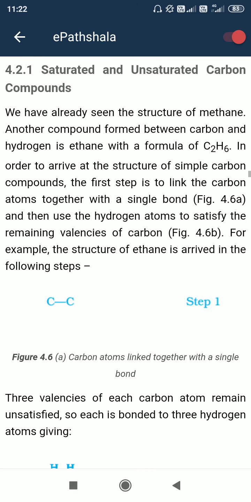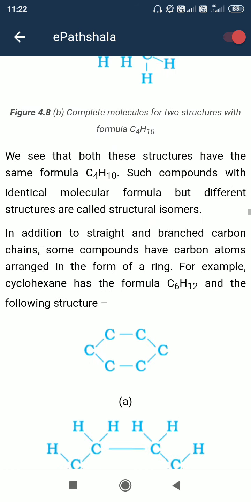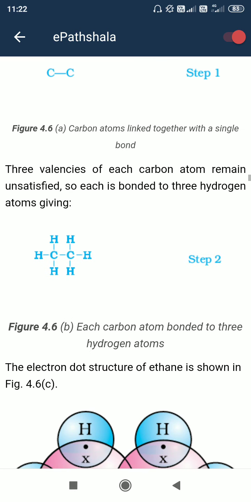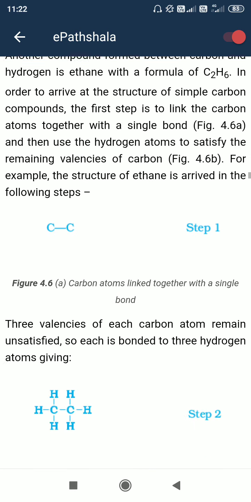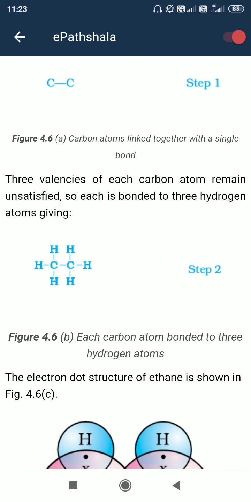So here, saturated and unsaturated compounds. Okay, saturated and unsaturated carbon. See here, saturated means the single bond is known as a saturated bond, means no other hydrogen attachment can be done, that is saturated.